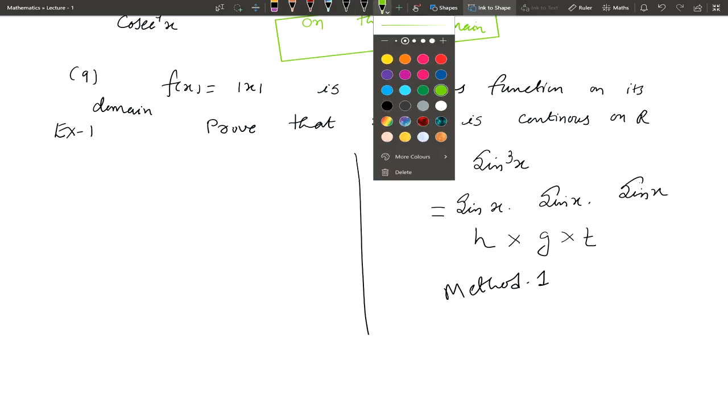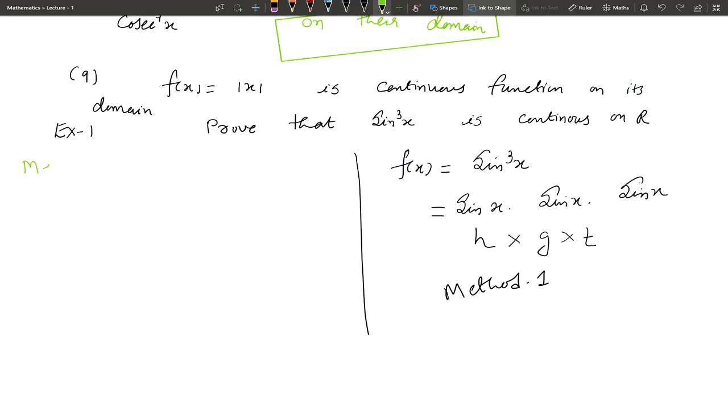Now see method 2. Normally we follow this method.